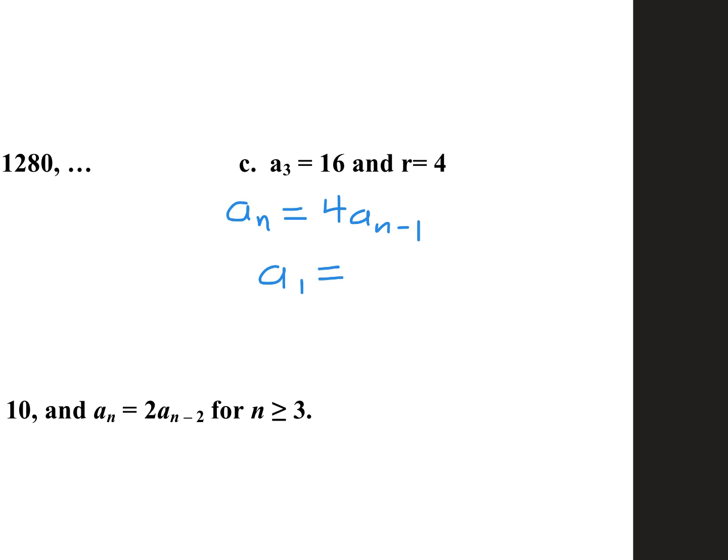We are not given the starting point, but it's pretty easy to work backwards. So if we know that we're going to multiply by 4 to go forward, you could also divide by 4 to go backwards. So you know that A1 is 1. And now we have an equation that can be used starting when n is 2.